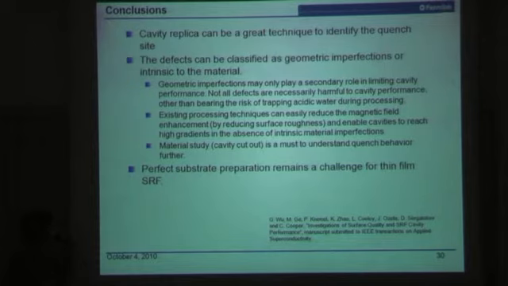The existing process techniques can reduce the magnetic field enhancement if the intrinsic material defect is not present. And the material study is a must to understand what happened at those quench locations. So perfect substrate preparation, of course, still remains a challenge for thin film SRF.